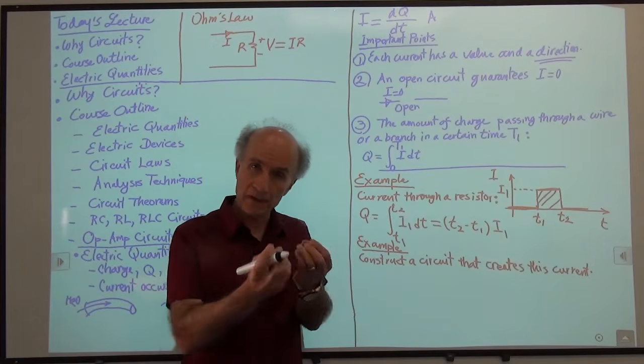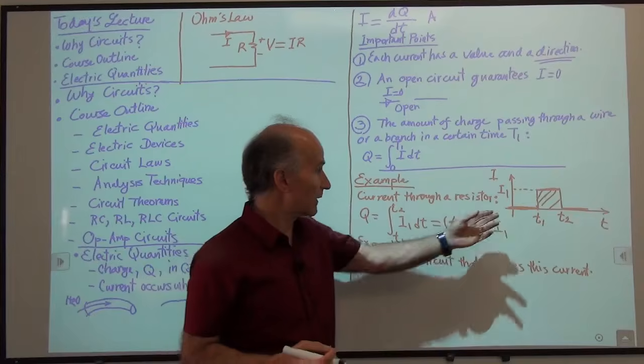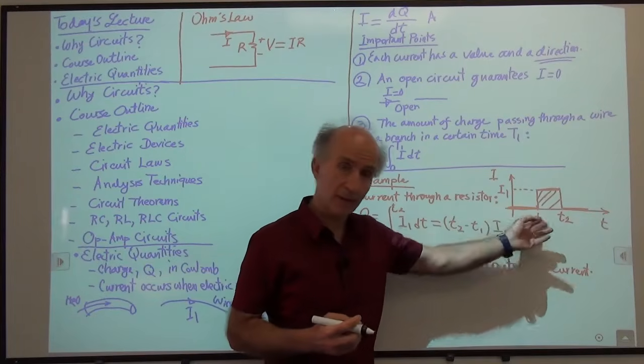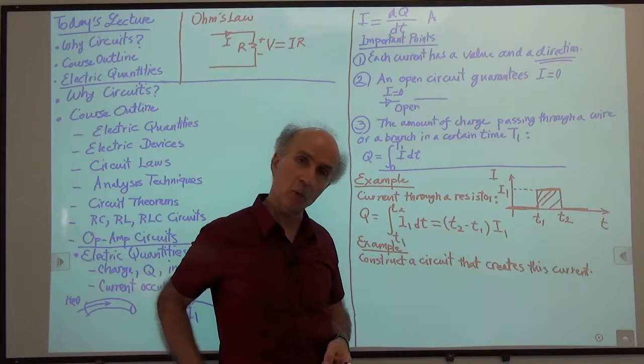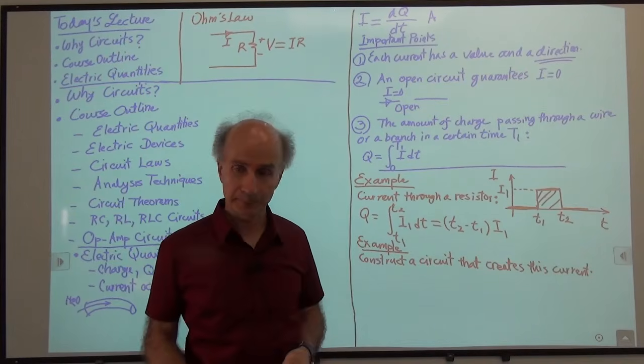So I would like to build a very simple circuit that creates a current that has this dependence upon time. All right? So this is the quiz of the day. I will give you 1 minute to think about it.